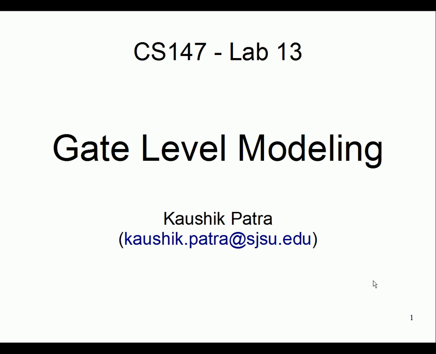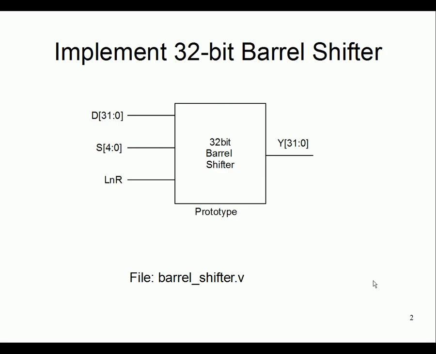So this is more or less your project 3 component list. We start with implementing the barrel shifter. You can use barrelshifter.v, or any other file name convenient for you. But ultimately we need a 32-bit barrel shifter, which takes a 32-bit input and a 5-bit shift amount, outputs a shifted value, and takes a control signal which tells me whether it is a right shift or left shift.